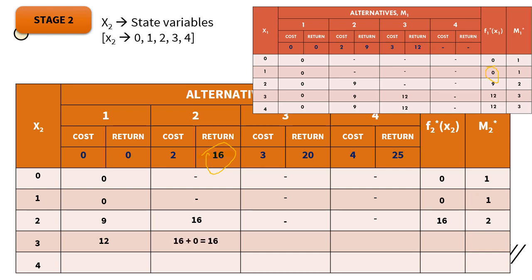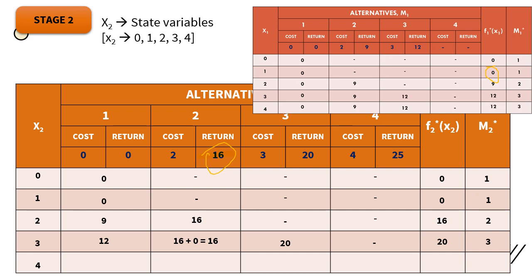Which means 16 plus 0, which will be 16. If I spend all these 3 crores here, I will get a return of 20, and the best value is 20 here. My best alternative is 3.